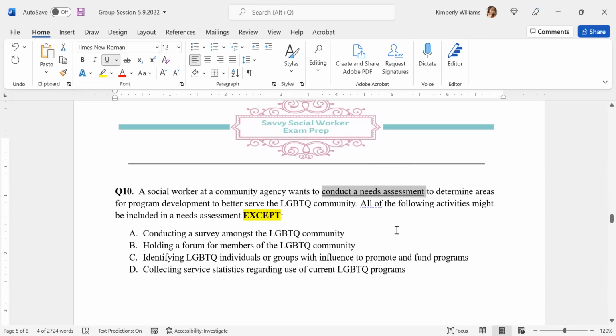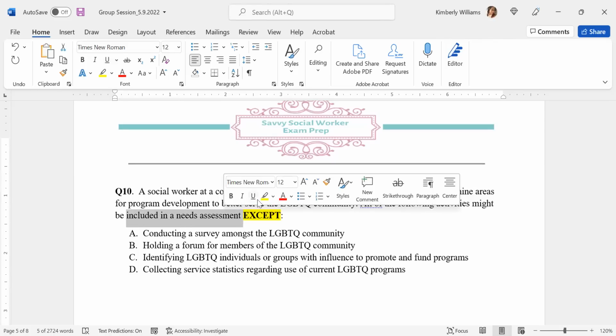So all the following activities might be included in this assessment, in a needs assessment. So this question is a community question, it's a macro question, and you just need to know what's included in the needs assessment. Y'all gonna need to know this because they ask all kinds of questions around working in the macro community and needs assessments and stuff.